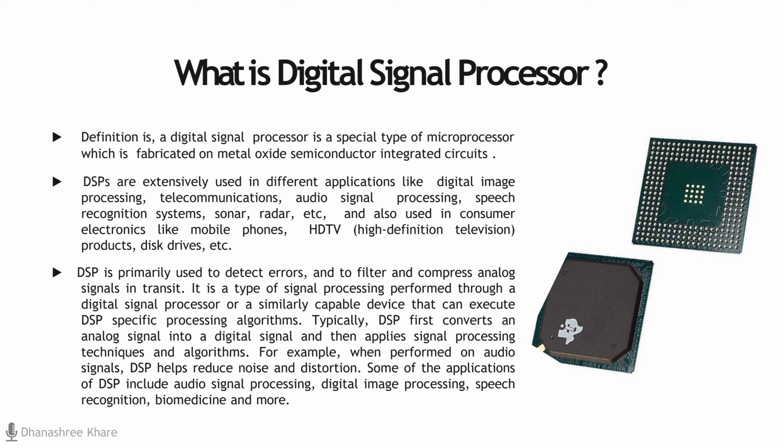Typically, a DSP processor first converts an analog signal into a digital signal and then applies signal processing techniques and algorithms on it. For example, when performed on audio signals, DSP helps reduce noise and distortion. Some applications of DSP processors include audio signal processing, speech recognition, biomedicine, and many more.